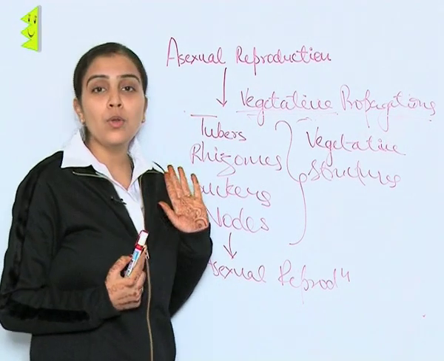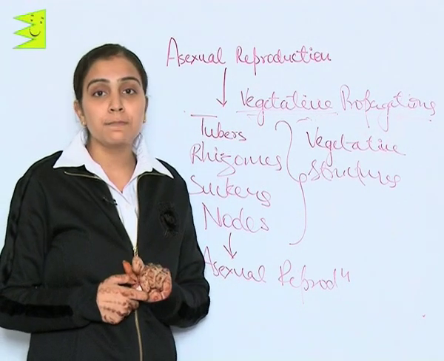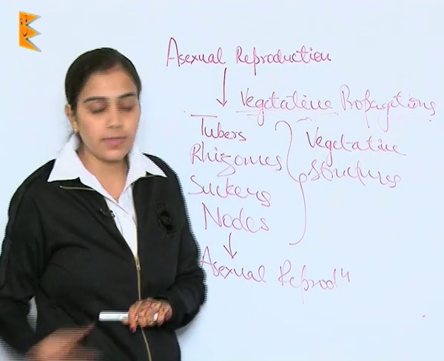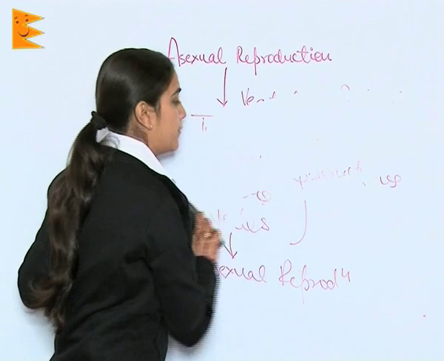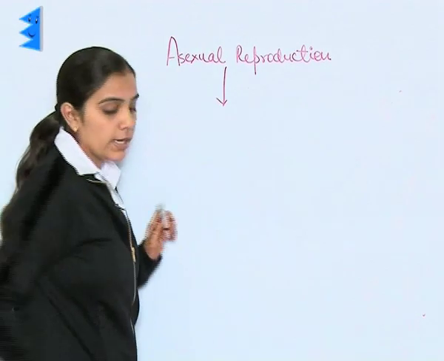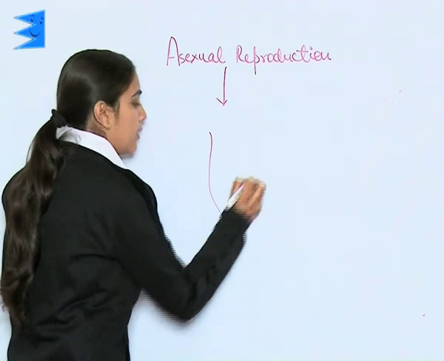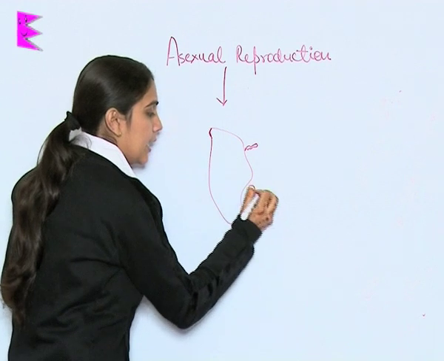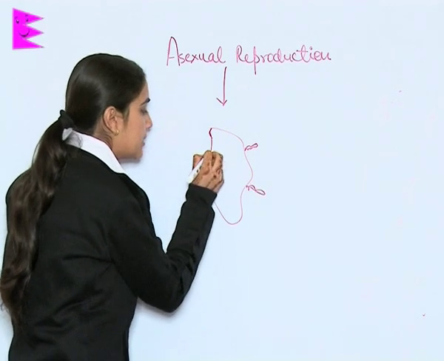Now, do you know how sugarcane, potatoes, ginger are grown? What happened in their case? In the stem of ginger or sugarcane, there are certain nodes like this present on the stem.